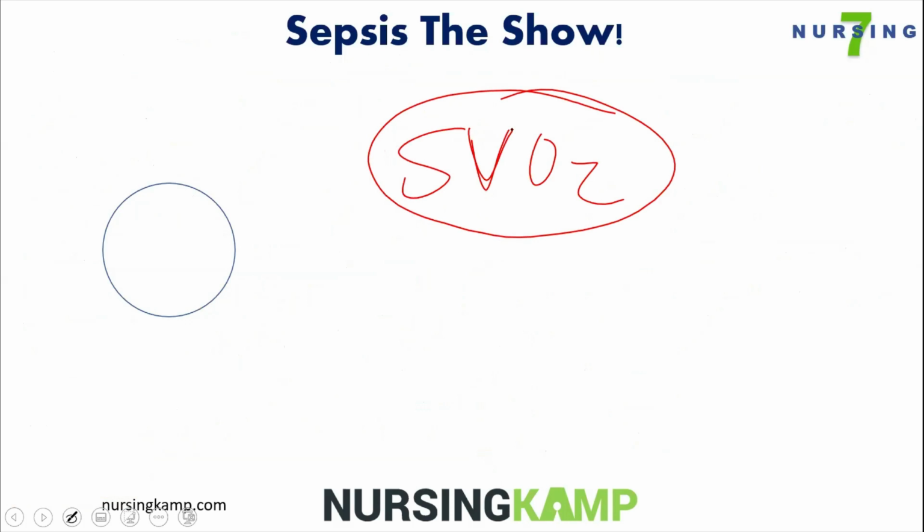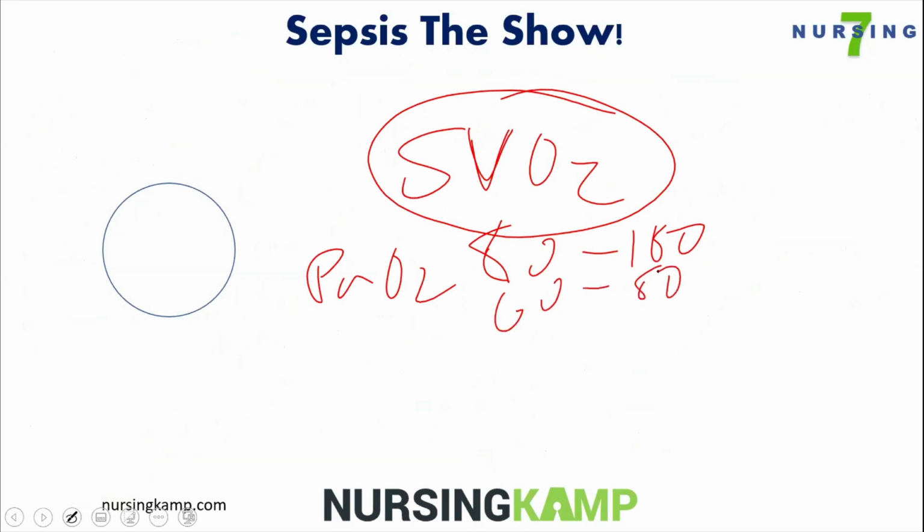So now we know that a PaO2 is 80 to 100, and we saw in neuro 60 to 80. It's based on oxygenation, but we're not going to go there right now. But what's the SVO2? Well, this is pulmonary artery oxygen.